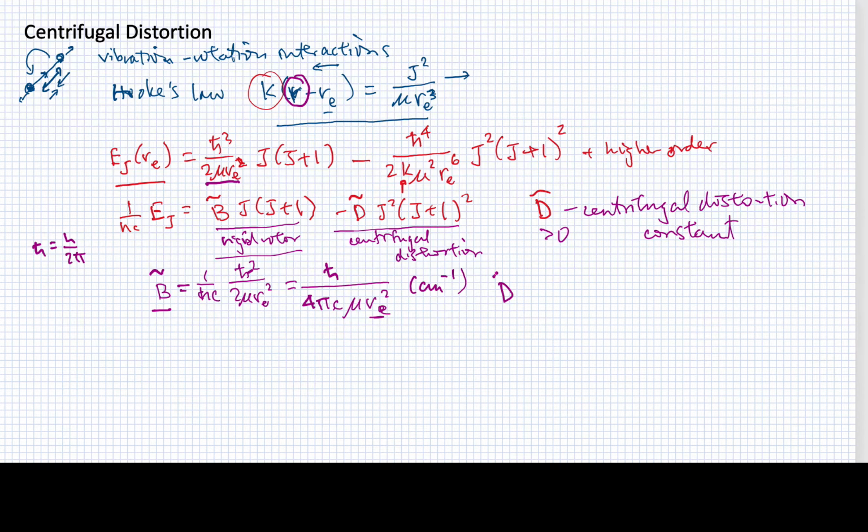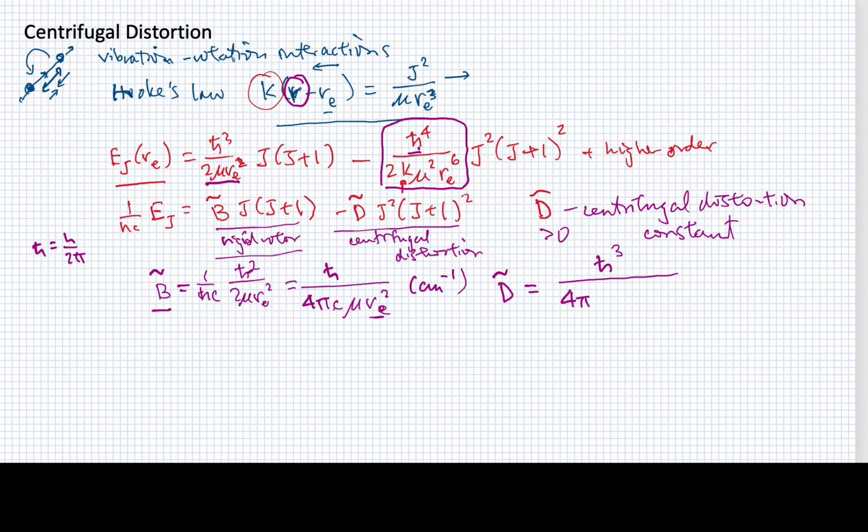We'll have a similar thing when we do the D tilde. It's basically going to be this constant up here divided by hc. So if I do that, and I'll spare you the details of each step, the h in the denominator is going to cancel one of the h's up here in the numerator, so I'll end up with an h bar cubed. I'll bring a 2 pi down.